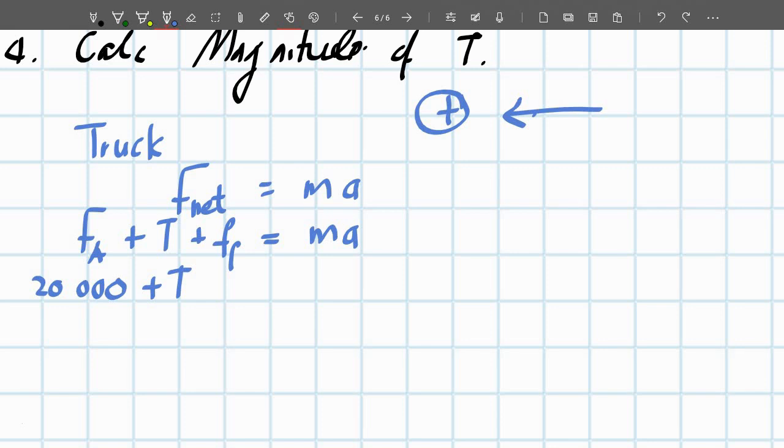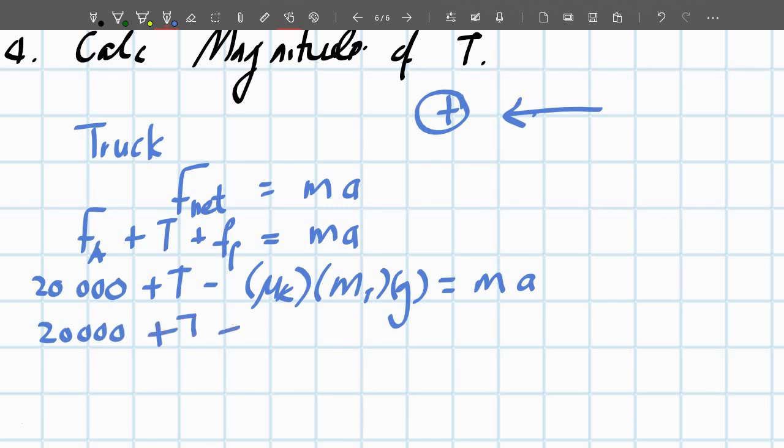So it's basically the coefficient of kinetic friction, because the truck is moving, times the mass of the truck times g. So let's just add that in. We also know that friction is working in the opposite direction, so we can actually make that negative. We can say that it's equal to μk times the mass of the truck times g is equal to ma.